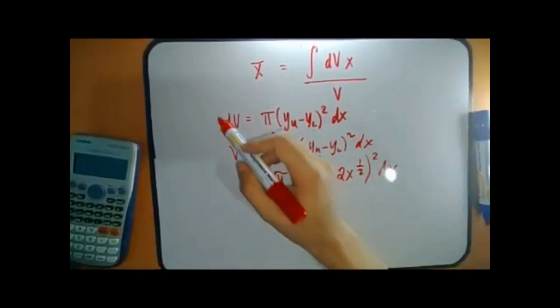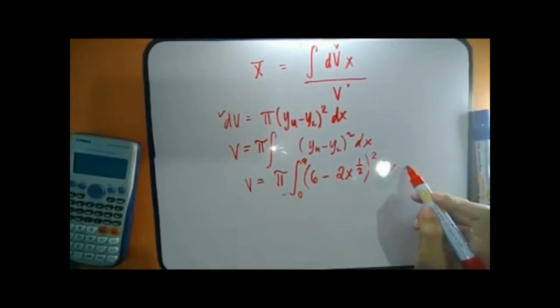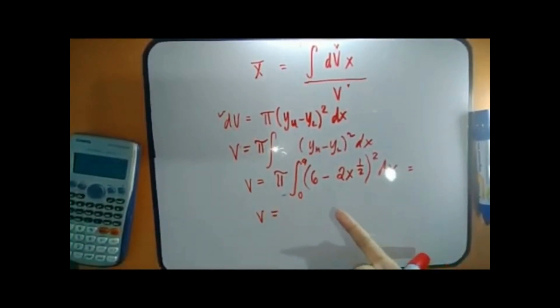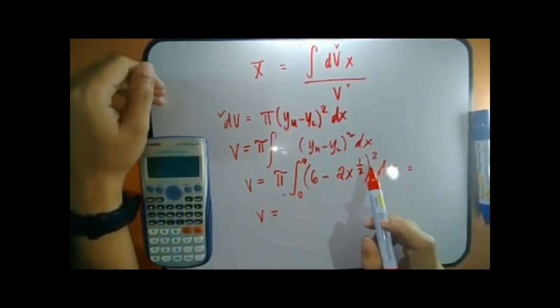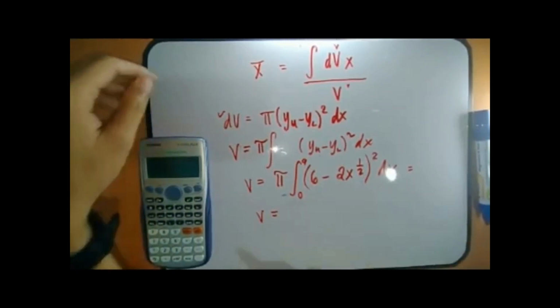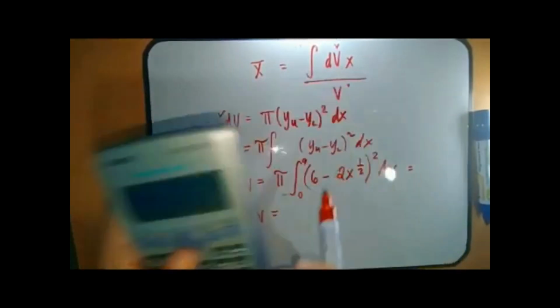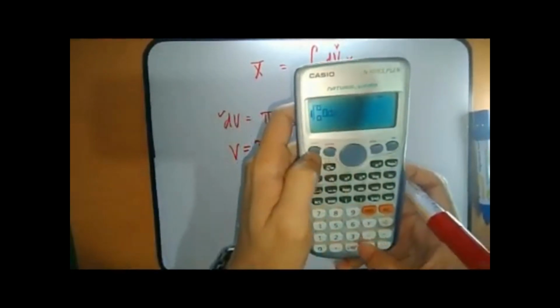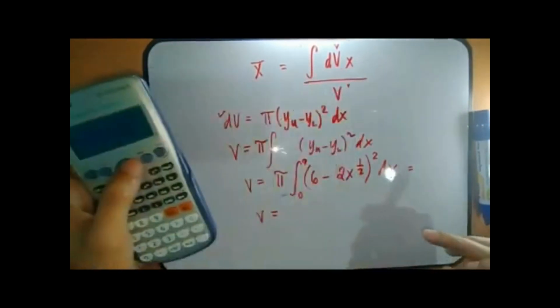So, differential volume here. So, ito siya. Then, volume, itong masolve natin here. So, volume equals, so ito guys, i-input na natin sa calculus. So, yung process is of course, expand natin, then power formula. But this time, use na natin yung calculator. So, integral of, have here pi, 0 to 9.